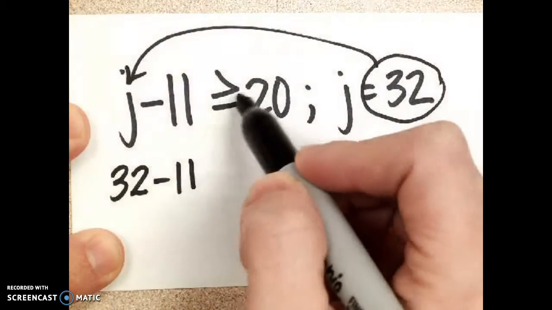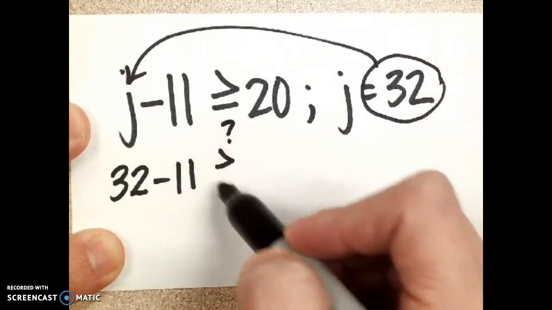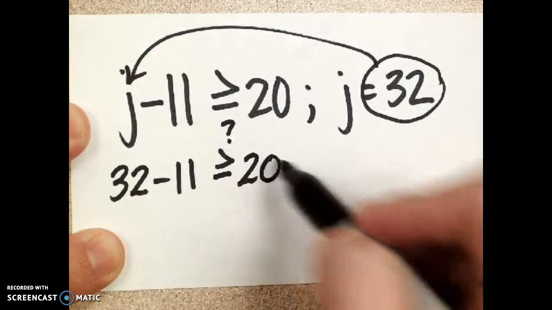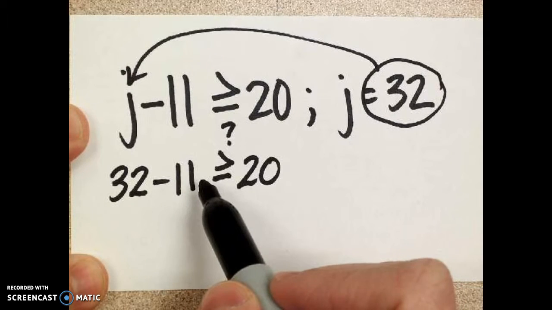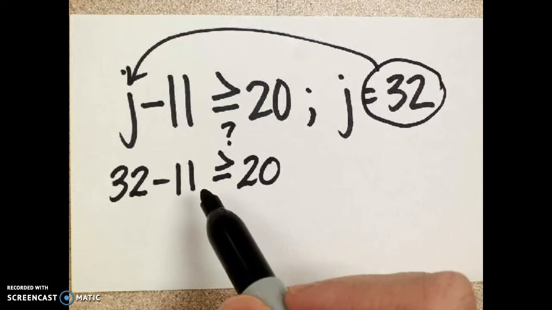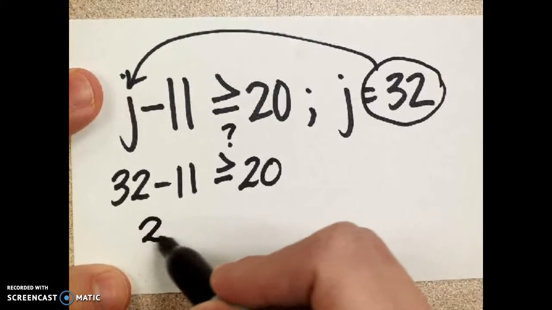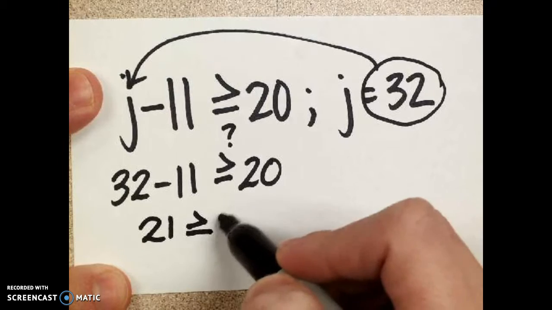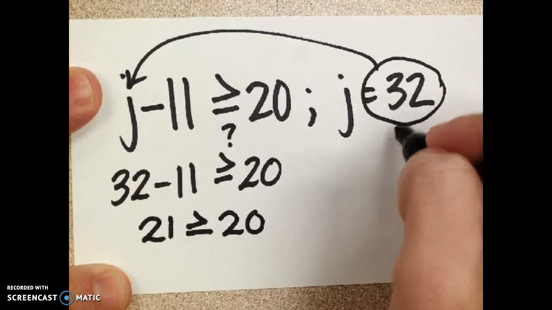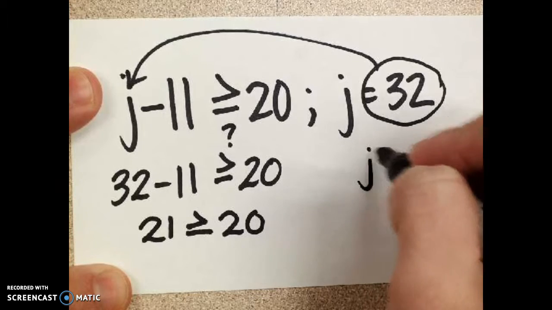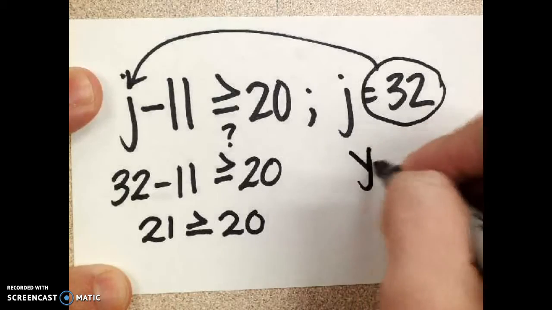We're trying to figure out is that greater than or equal to 20? So let's think. 32 minus 11 gives us, go ahead and do it in your calculator in your head. It gives us 21. Is 21 greater than or equal to 20? Yeah. So is 32 a solution? I don't know why I wrote a j, but yes, it is.